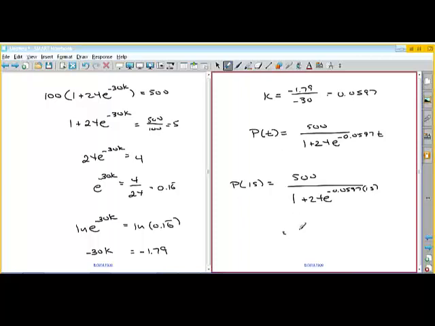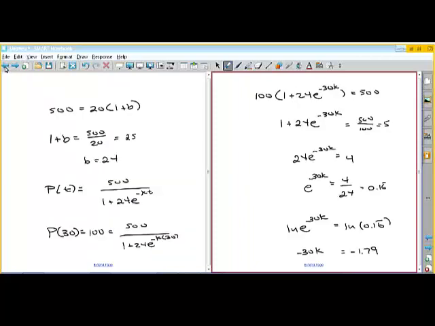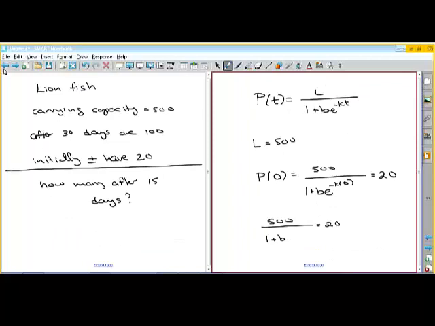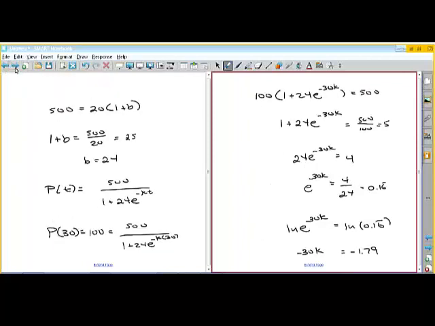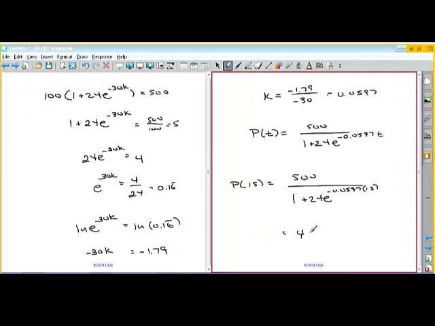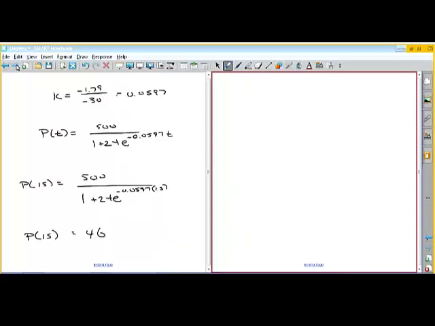Make sure I put enough parentheses in there, and I get 46. So did that make sense? Yeah. So it should be between 20 and 100, and 46 is there. So the answer is 46. Okay, so that's how those work.